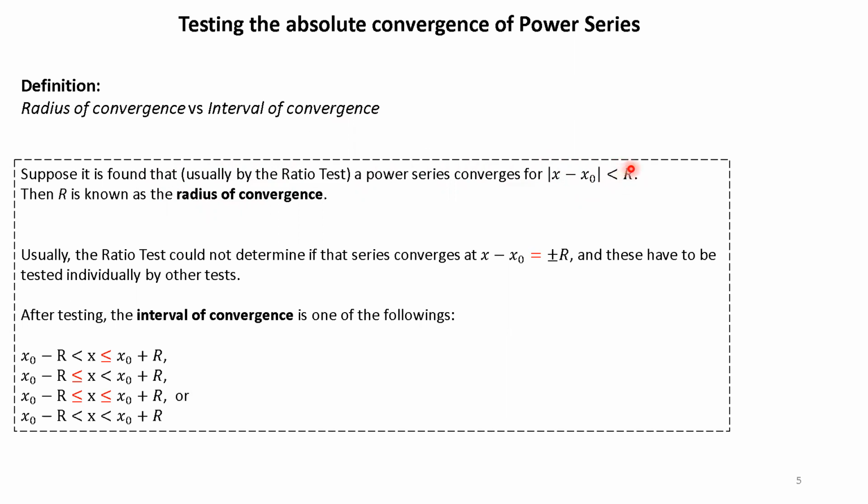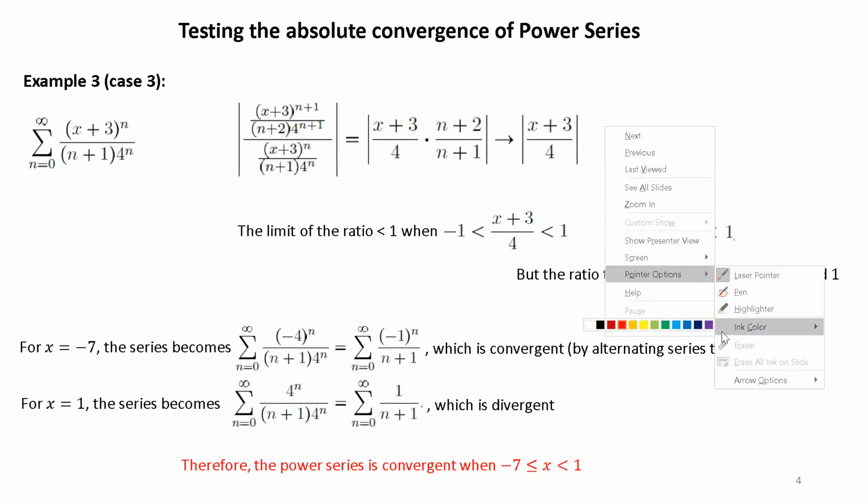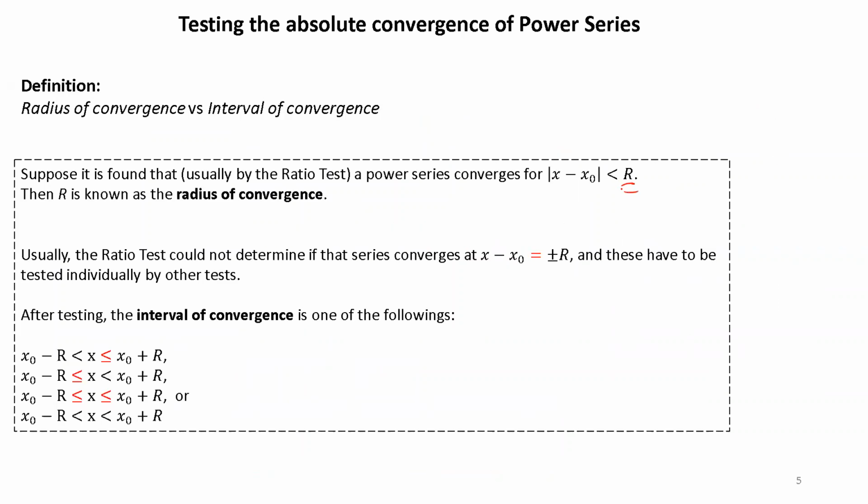Then this R is known as the radius of convergence. If I go back to this last example, what I have is this one smaller than 1, so that means x plus 3 smaller than 4, so this 4 is called the radius of convergence.